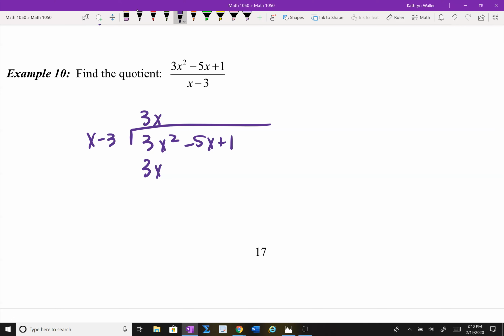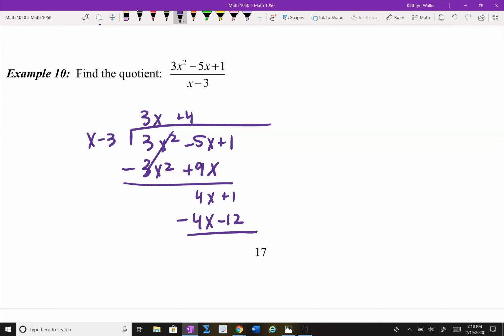Distribute. 3x squared minus 9x. Change my signs. First things cancel. 4x. Bring down the 1. What do I multiply by x to get 4x? That is 4. Distribute 4x minus 12. Change your signs. Those cancel.